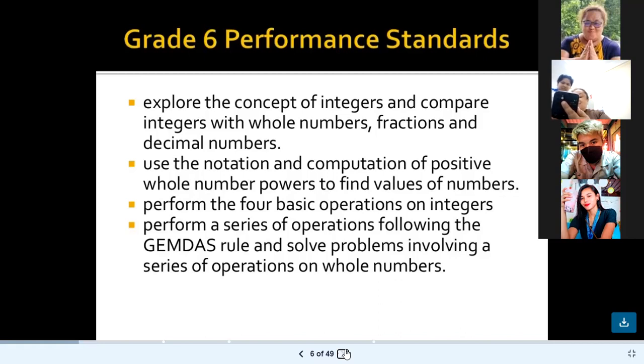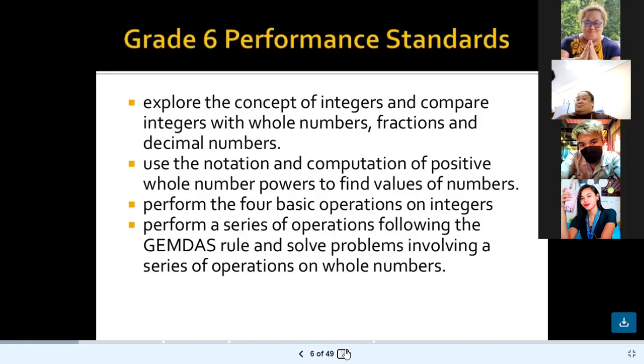Then use the notation and computation of positive whole number powers to find values of numbers. So, ang himuon mo daw dire, ma'am, is gamiton mo ang notation para ma-compute mo ang positive whole numbers niya, kag para mapangita mo ang the values of the whole numbers niya gid, ma'am, nga iya gid nga number nga result.